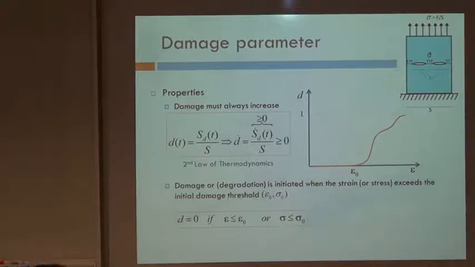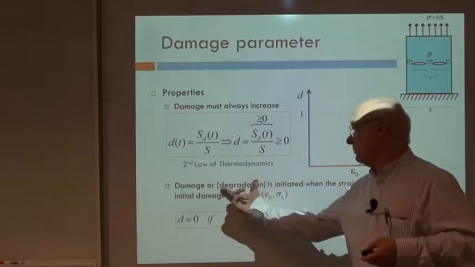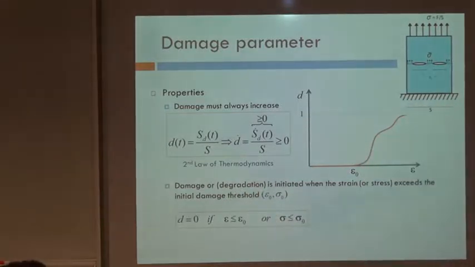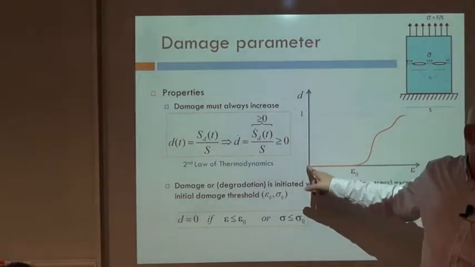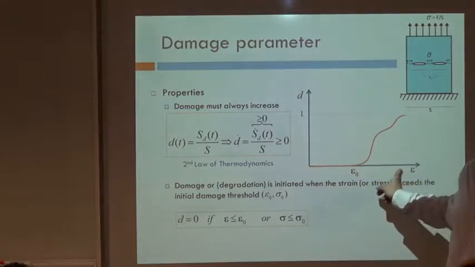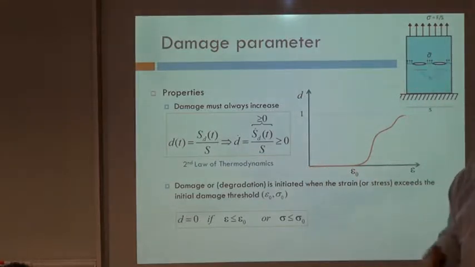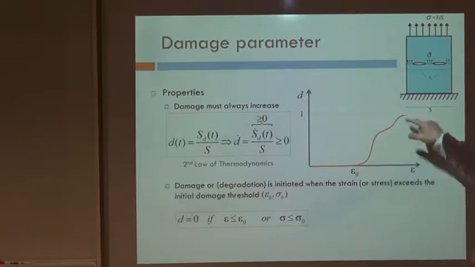Also, this damage, sometimes we use the word degradation of the material, doesn't necessarily initiate at the beginning of the strain history. There is a threshold below which the material doesn't experience any damage, and after this threshold we have an initial damage or an evolution of this damage.